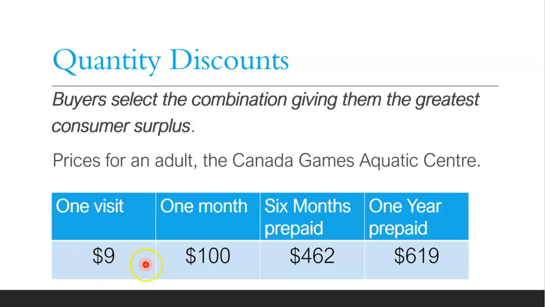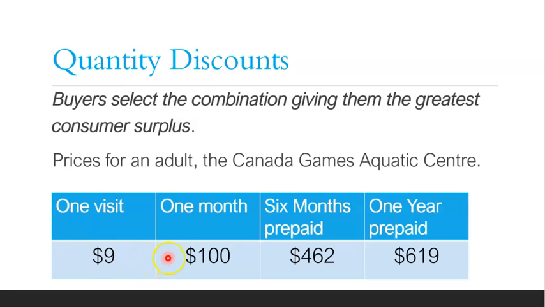If you want a monthly pass, you pay $100. So here you're obviously going many times, and if you go enough times during that month, then you're going to be paying less per visit than if you just paid the $9 for every visit that you went.